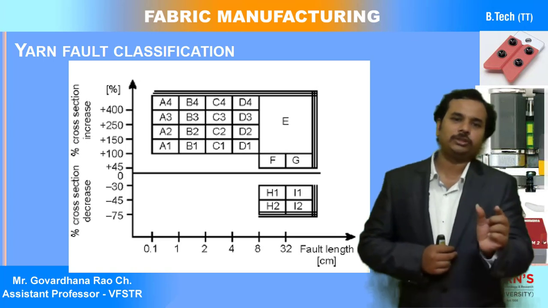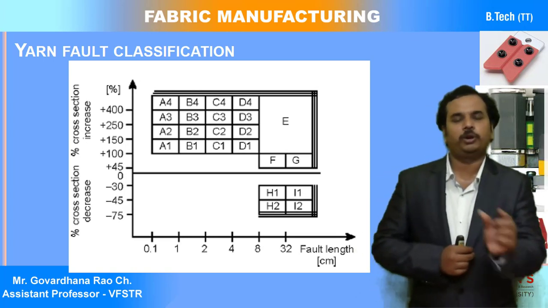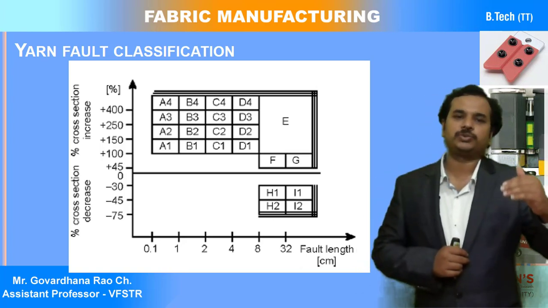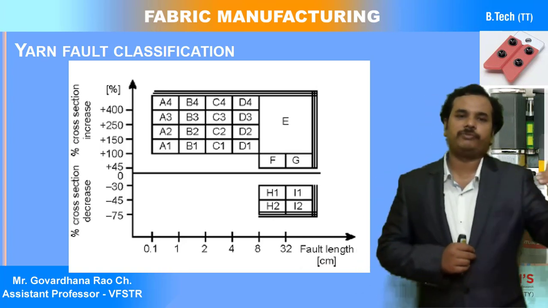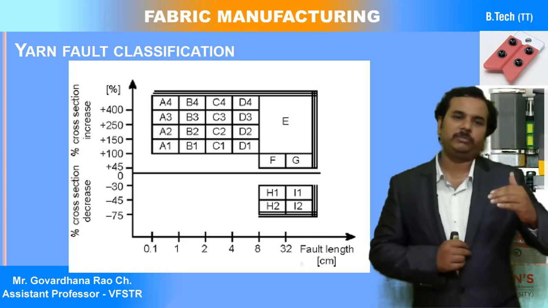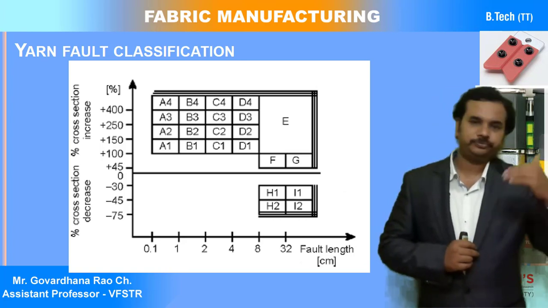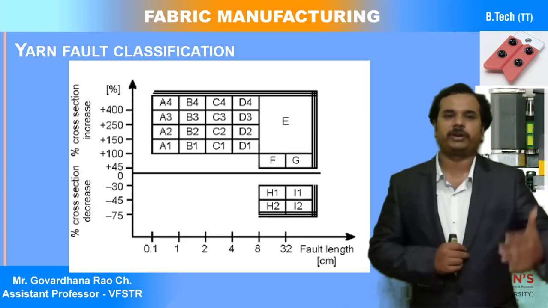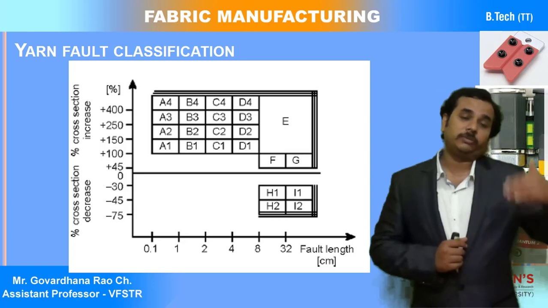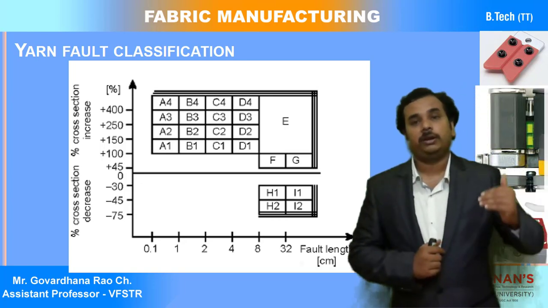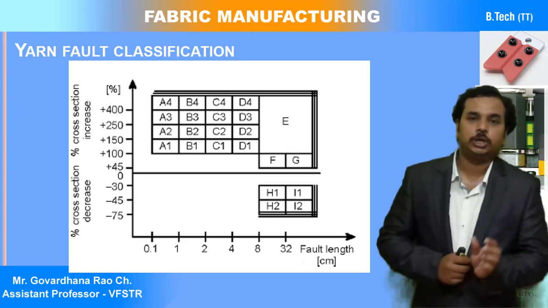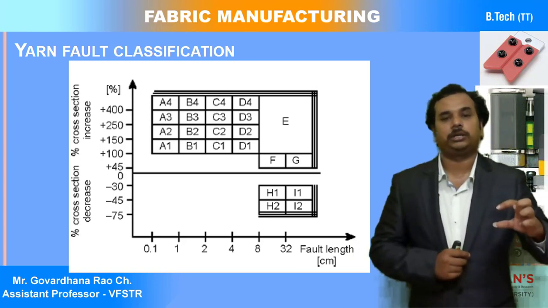Short means the length of the fault is below 1 centimeter, and the diameter is up to plus 150. So plus 150% is approximately 1.5 times greater. So up to 150% you can say that this is a short thick fault.